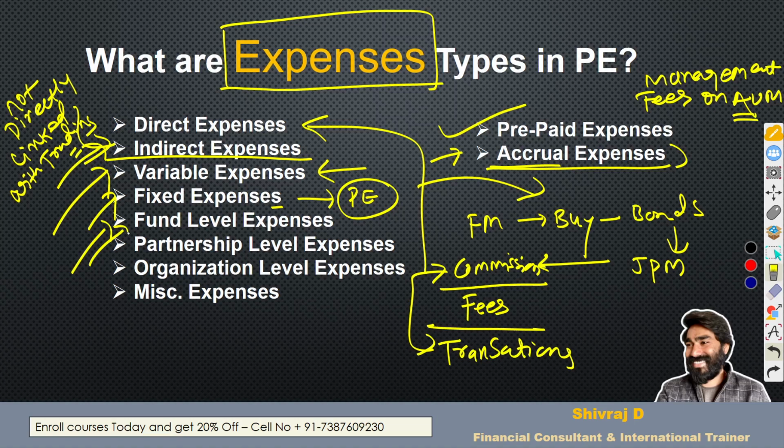Then what about partnership? In private equity, you would see partnership level expenses as well. Let's say there are two partners, A and B. Sometimes you would see, for example, even tax. A is paying 10%, another one is 15%. So you can book the tax in the books of A and B as per their tax percentage. So you might sometimes see a discount on expenses as well. My point here is, sometimes you would see partnership level expenses, different expenses.